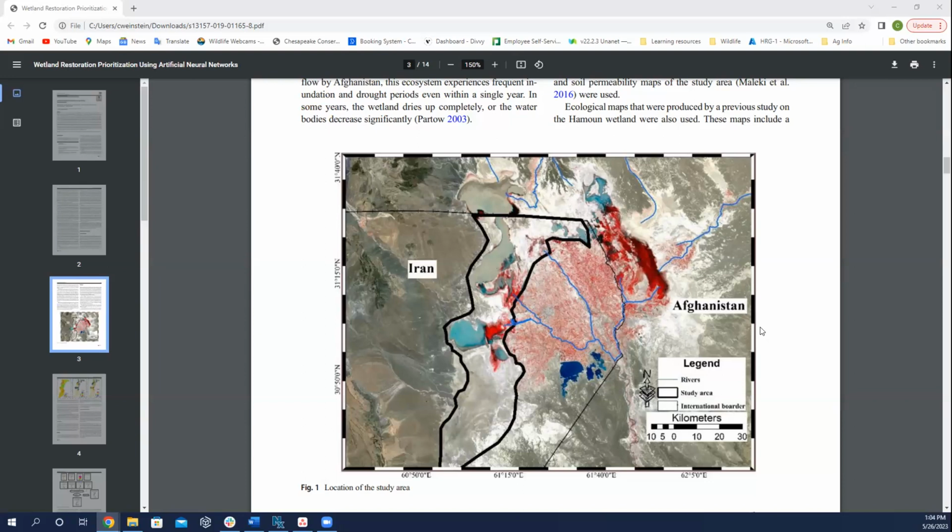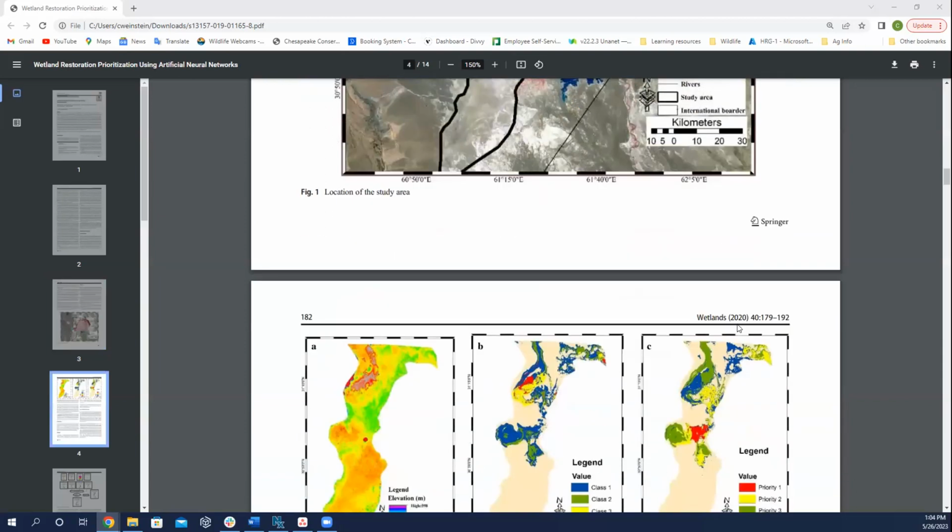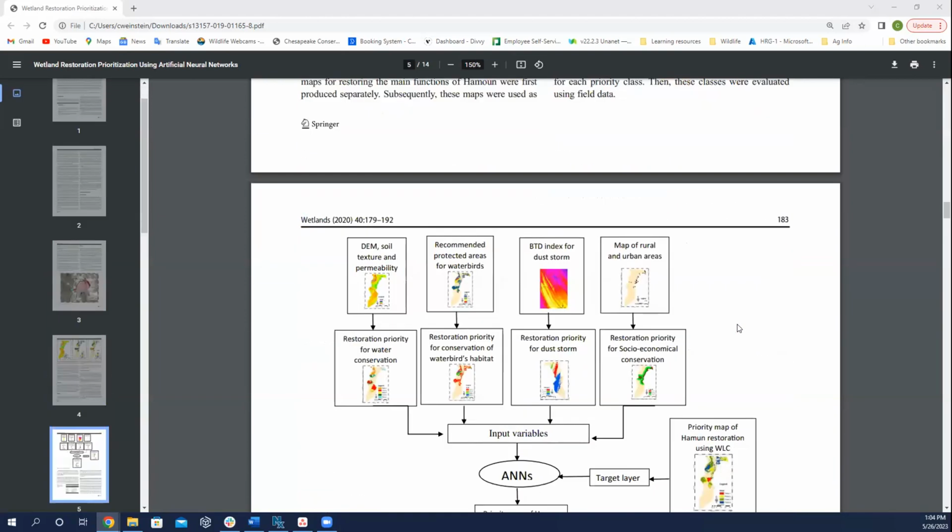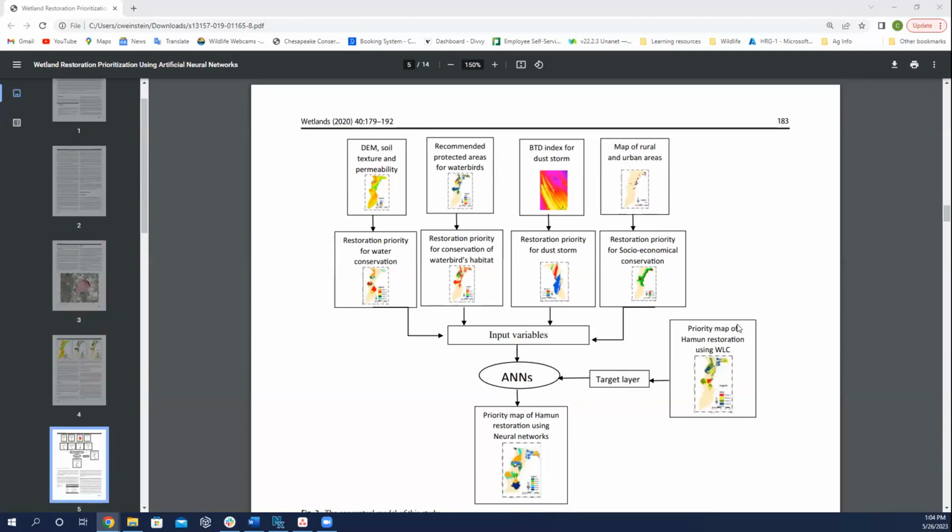So the authors wanted to perform a prioritization study to see what would be an appropriate way to prioritize allocation of this limited water resource to different parts of this wetland complex. And they did that by dividing the functions of the wetlands into 4 distinct categories. The first one being reducing the negative effects of dust storms.